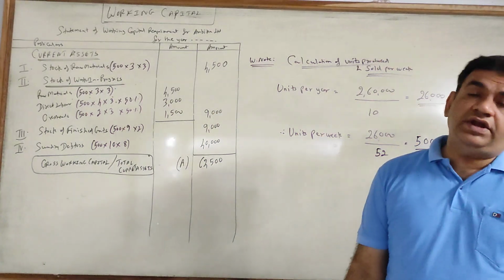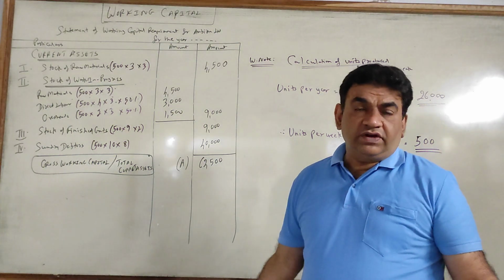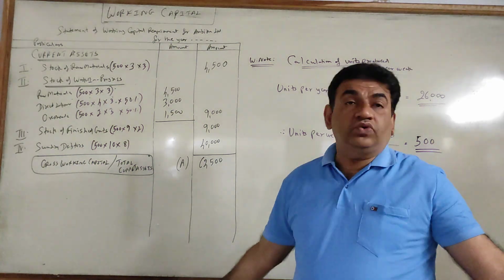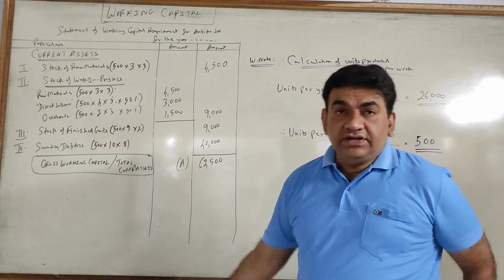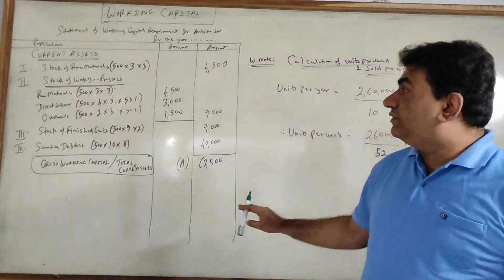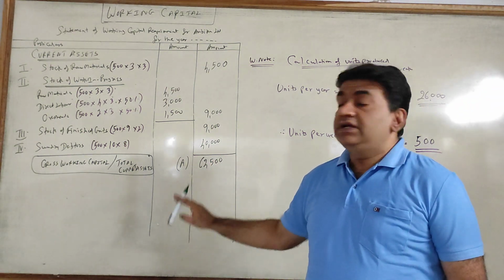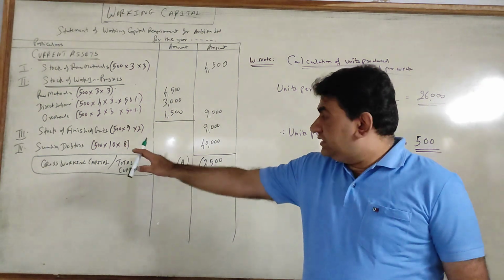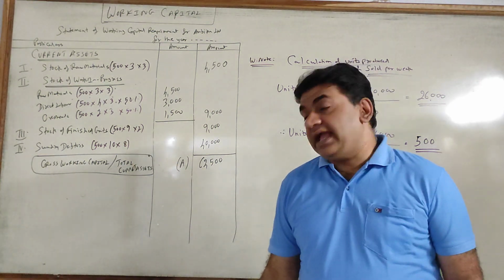What you call it, as according to that. Common word is gross working capital, but it is also called as total current assets. Clear? So this was the major part of this particular sum, getting the total current assets. Alternate name is gross working capital.